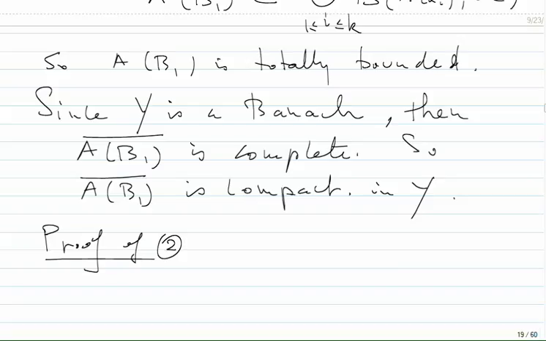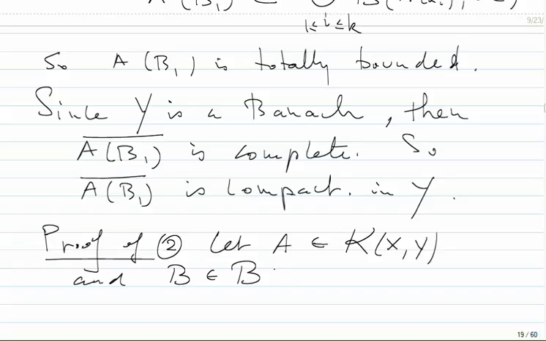So here, let us assume that A first belongs to K of X,Y, okay, and B belongs to B of Y,Z, where Z is just a normed vector space. Okay? Then we're going to use the sequential characterization of compactness.